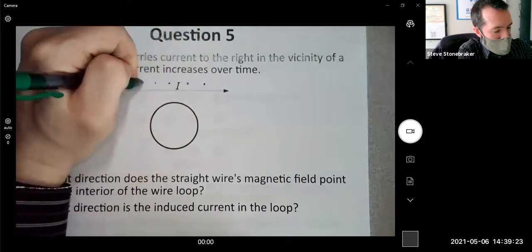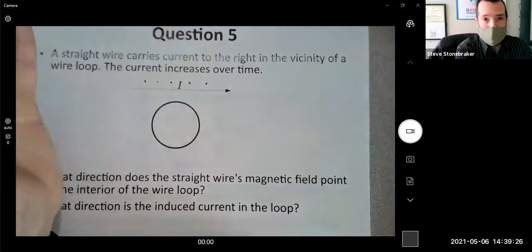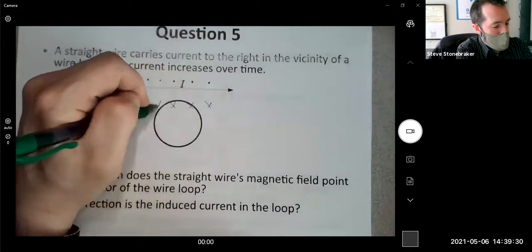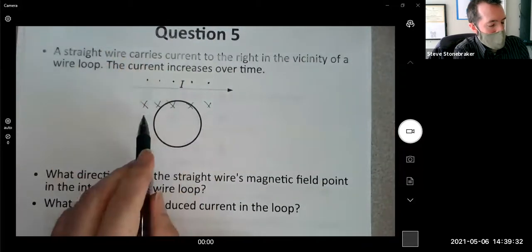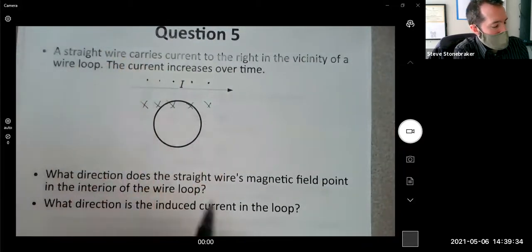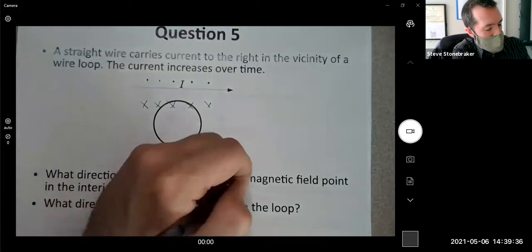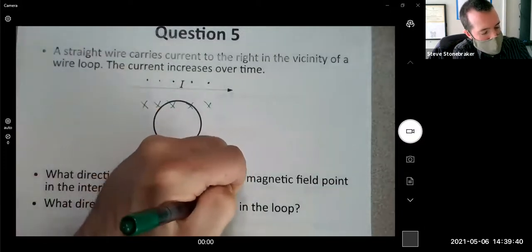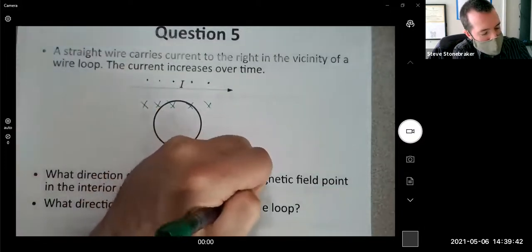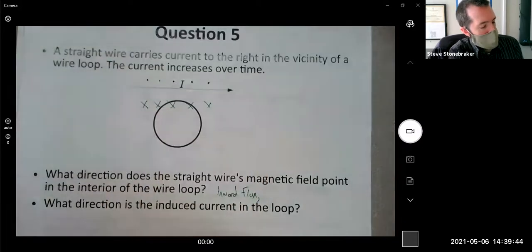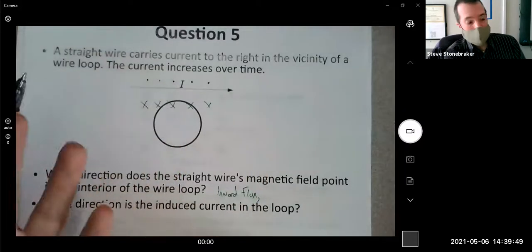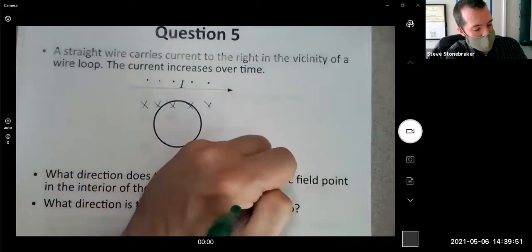But I don't really care about the dots because they're not where the loop is. In the area where the loop is present, I'm getting X's. So that means that the flux through the loop is inward. And since the current is increasing, that means the field strength is also increasing. And so the flux is getting stronger.